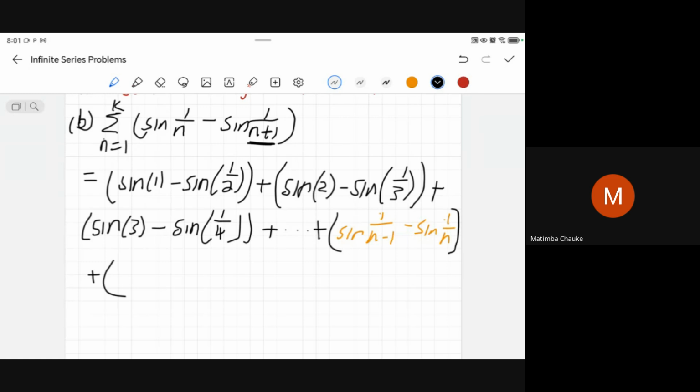Okay, right? So I have plus. Now we check. First we plugged n minus 1, right? Now if we move to the second one, after n minus 1, we have n. If you increase the n, so now I plug n. So if I plug n, I'm going to get sine of 1 over n minus sine of 1 over n plus 1.